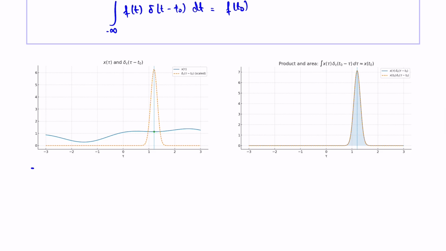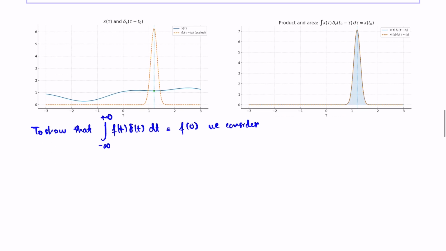To show that the improper integral from negative infinity to positive infinity of f of t delta t dt is equal to f of 0, we consider the expression f of t times delta of t. We can replace f of t times delta of t by something.